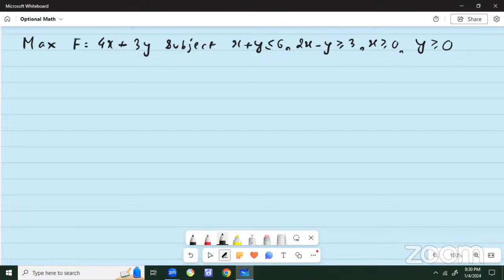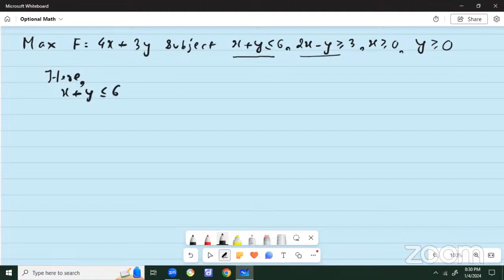Now, first of all, you have to plot these linear inequalities. So to do so, we take the linear inequality x plus y less or equals to 6.